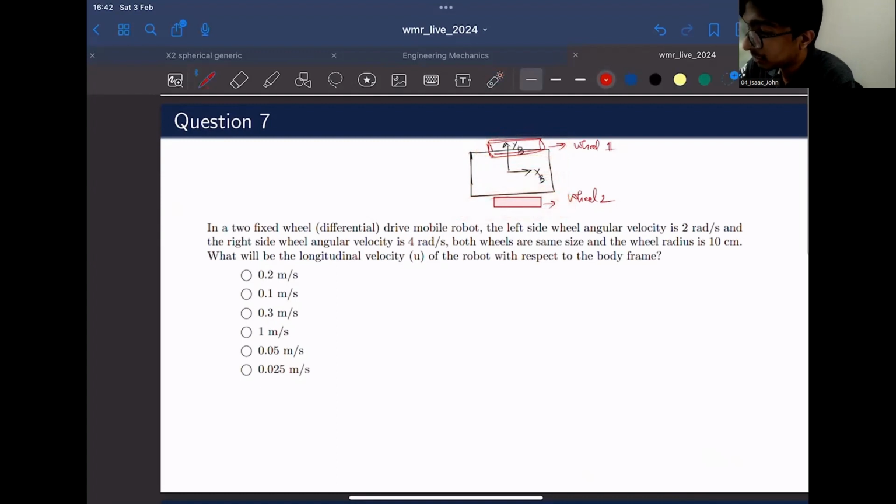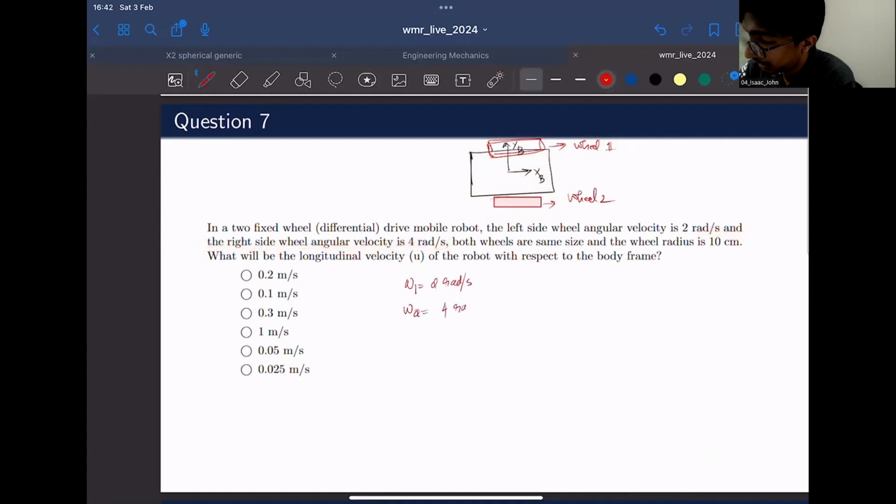The left-hand side wheel is also our omega 1, so omega 1 is given as 2 radians per second. And omega 2, the right-hand side wheel angular velocity, is given as 4 radians per second.